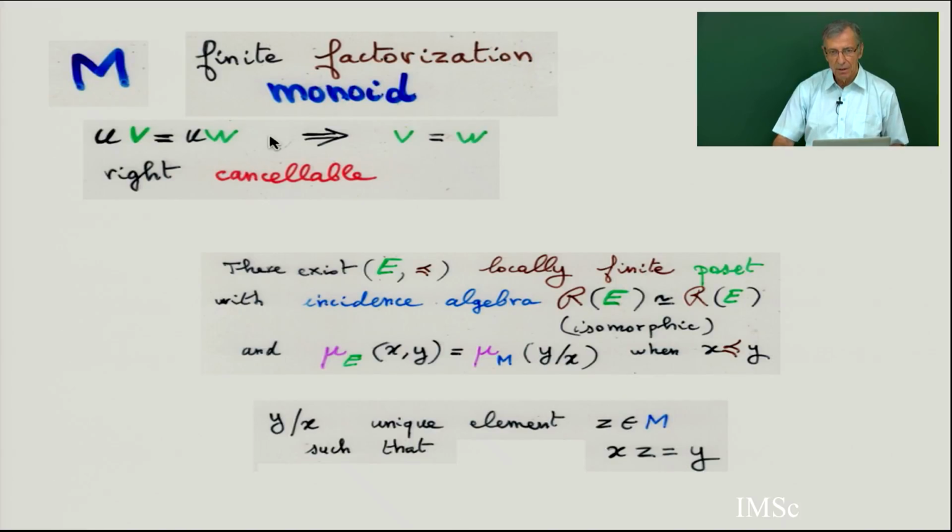So I claim that if you have this cancelable monoid, you can construct a poset E with an order relation such that the incidence algebra of the poset is isomorphic to the incidence algebra of the monoid, and they have the same Möbius function. Here, Möbius of x and y will be Möbius of y divided by x. So there's a function x comma y goes to y divided by x.